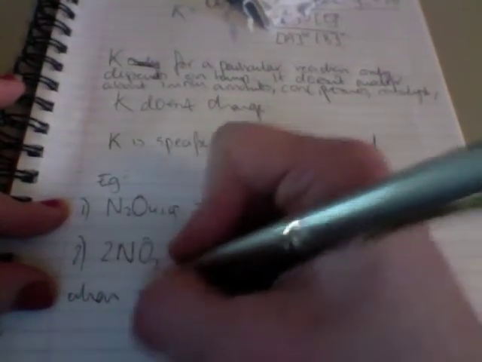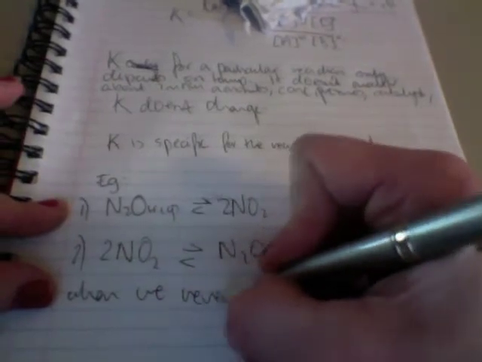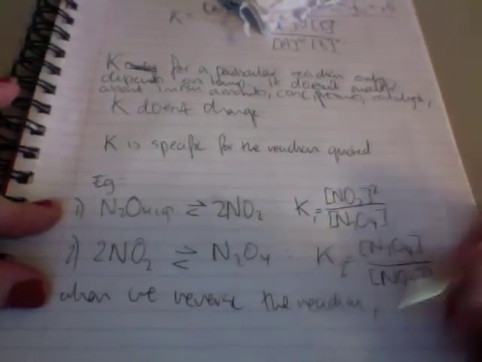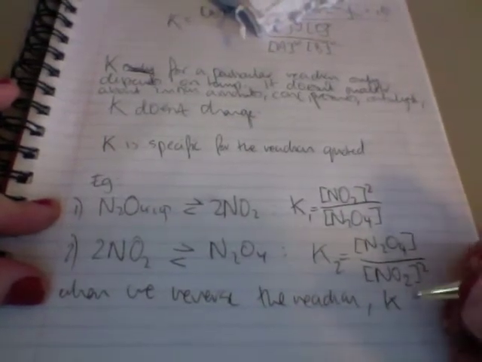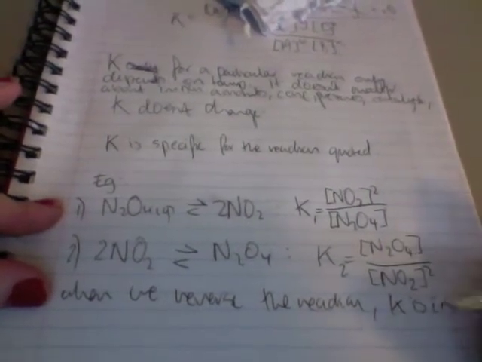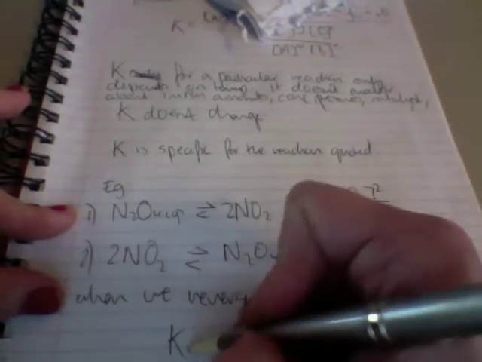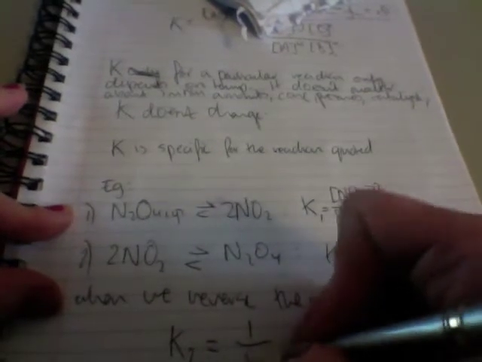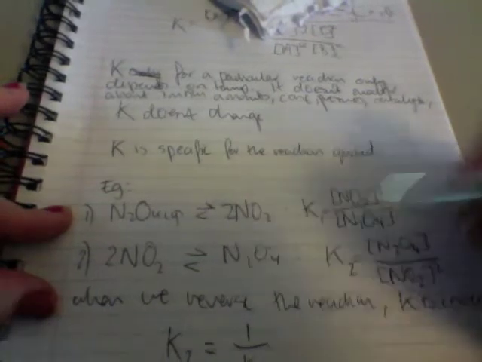Well, when we reverse the reaction, K is inverted. So in other words, K2 equals 1 over K1.